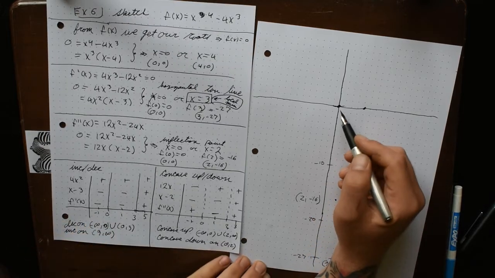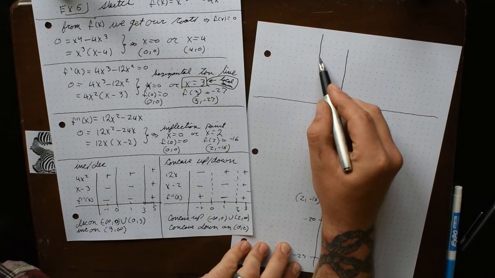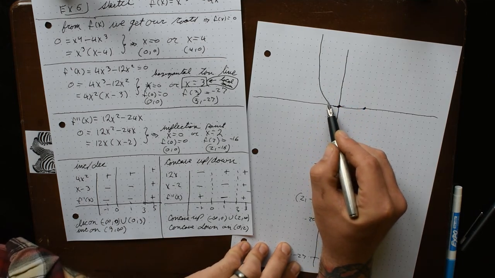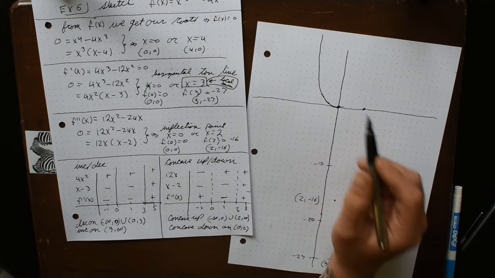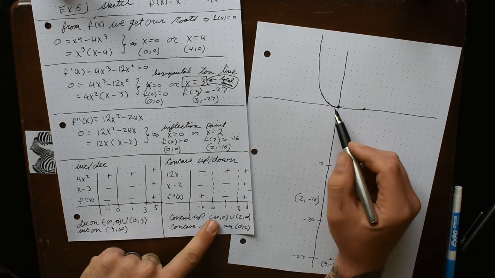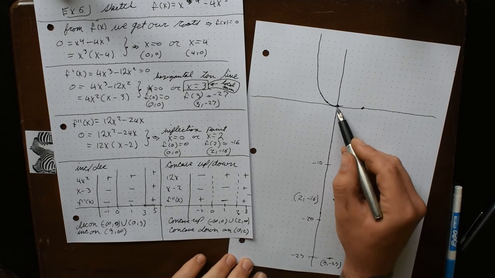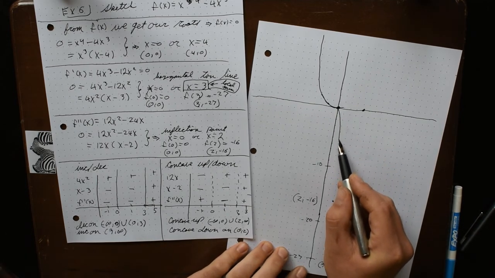We know we're decreasing, so it could look something like this. We have to belly out and go flat through here. We also know we're going from concave up, and at this point we're going to start to go concave down. We still have a horizontal tangent line, and we're still concave down.